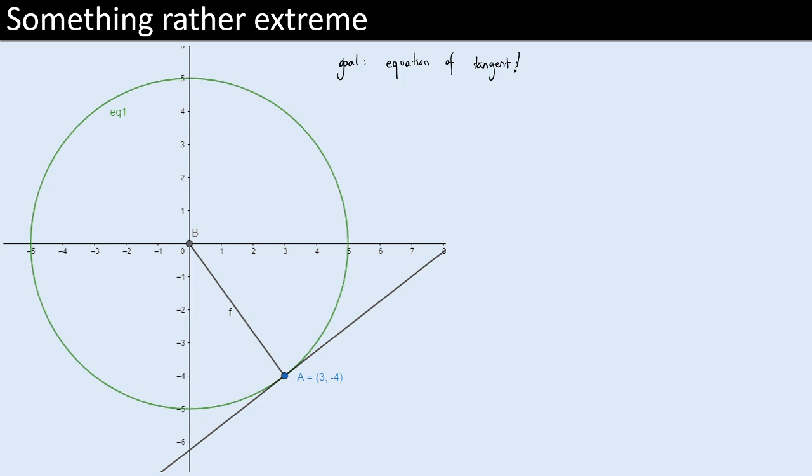Okay, so now is where I'm going to drop some hints, just in case you are crazy stuck. My first hint is, can you work out what the gradient of f is? If I know what the gradient of f is, can I work out what the gradient of the tangent is?